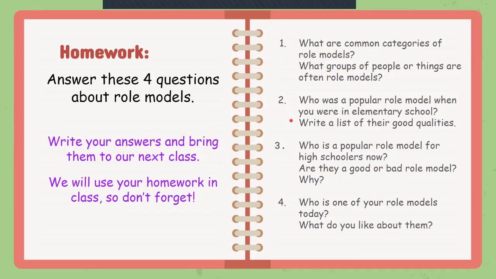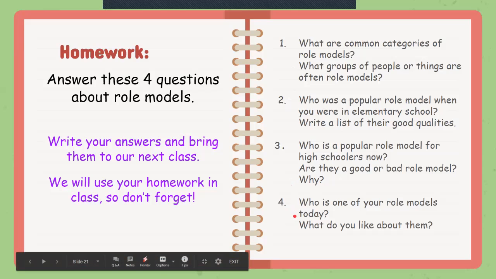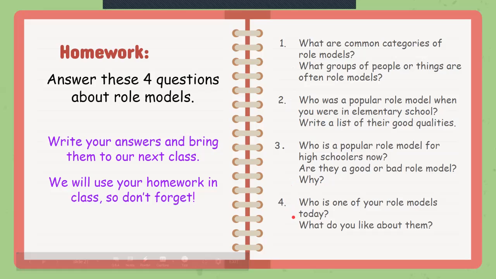Write a list of their good qualities. Number 3. Who is a popular role model for high schoolers now? Are they a good or bad role model? And why? And finally, number 4. Who is one of your role models today? And what do you like about them? Why do you respect them and admire them?